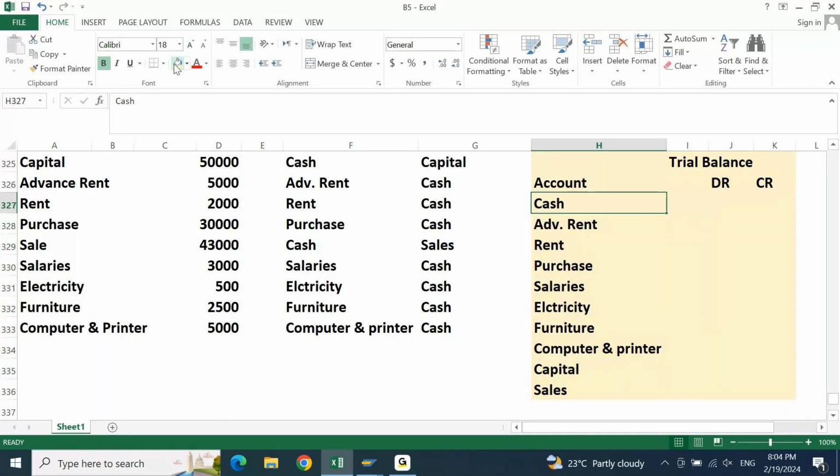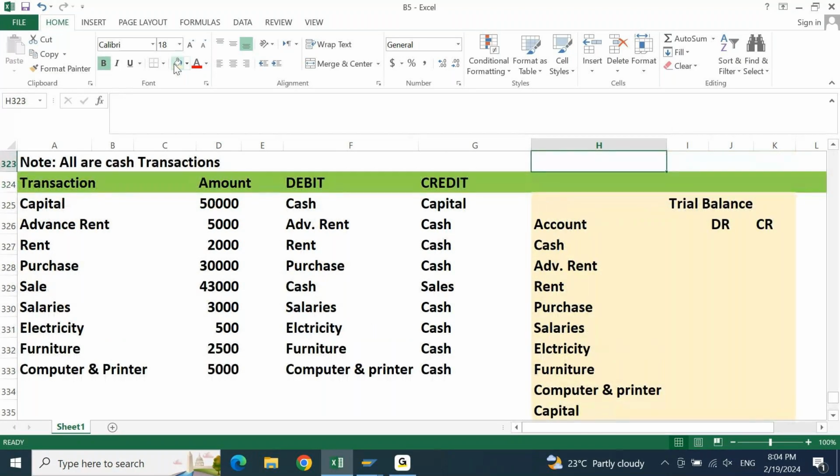Now what we need to do, for every account you need to identify whether it is showing a debit balance or a credit balance. But before you do it, you need to look at all the accounting entries here. When you look at all the accounting entries, first identify which accounts are appearing multiple times. Except cash, everything is appearing a single time only.